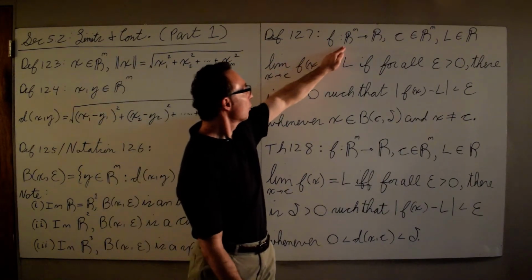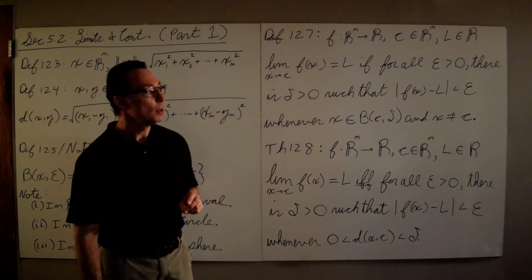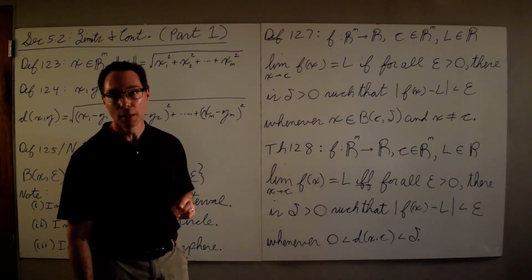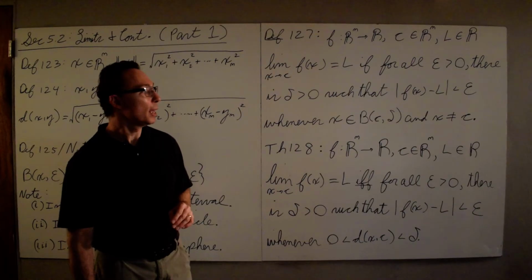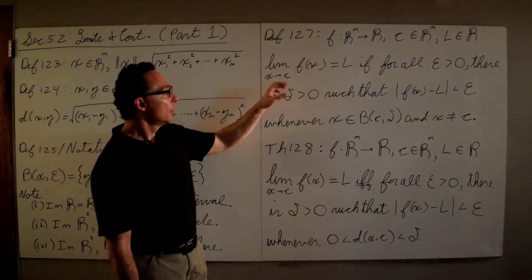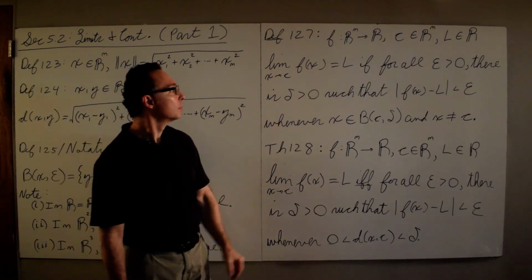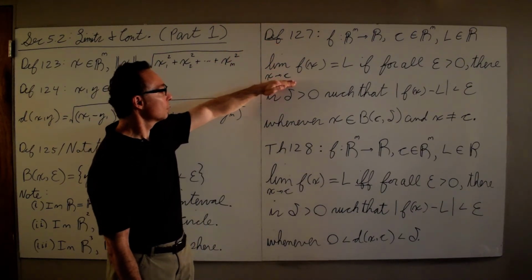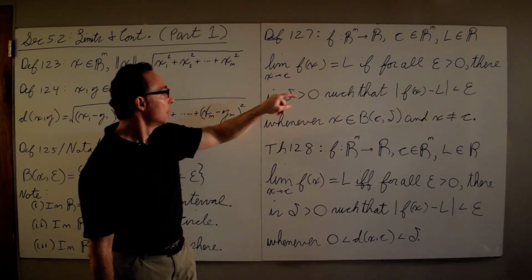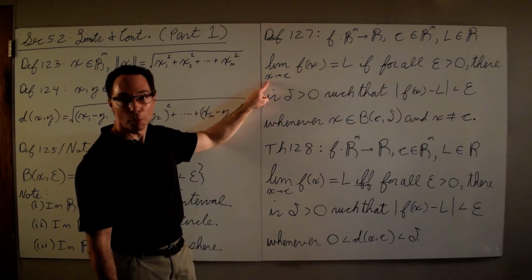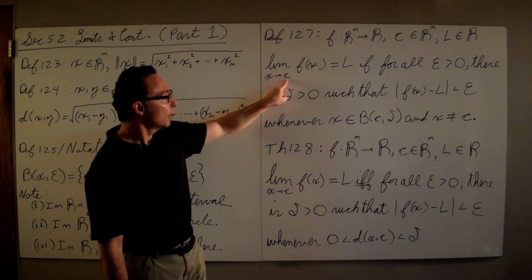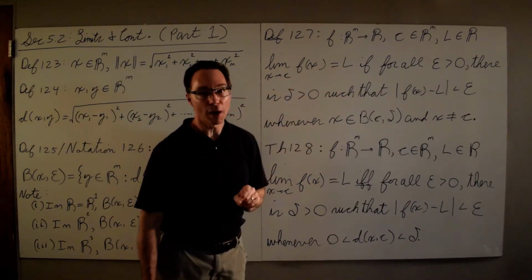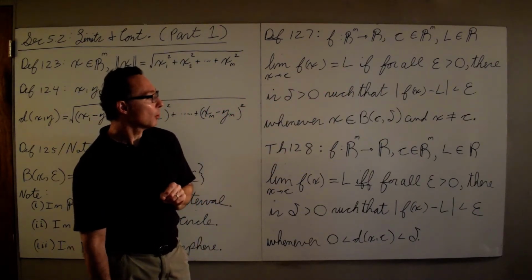We have a function from Rn into R. We have a point c in Rn, which may or may not be in the domain of f, just like in Calc 1, and then we have a real number L. What does it mean to say the limit as x approaches c of f of x is L? Remember, x is a variable in Rn, c is a point in Rn, and L is a real number.